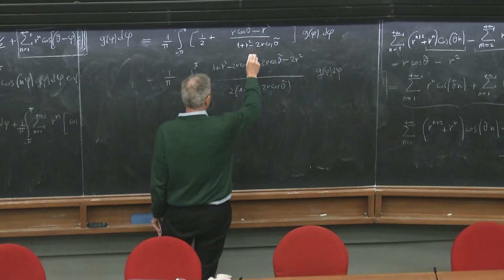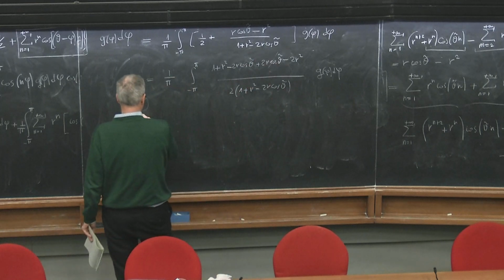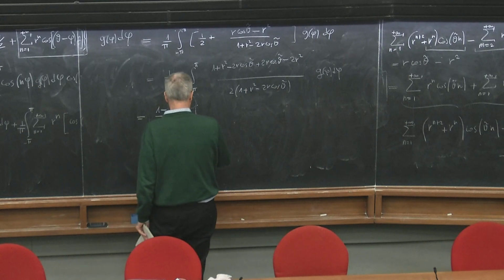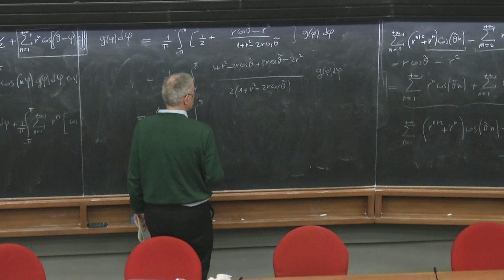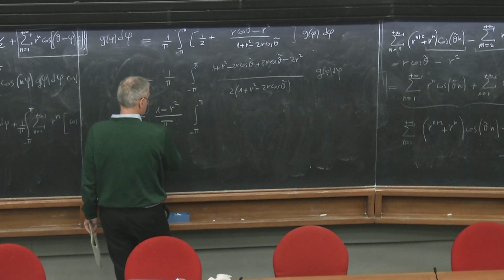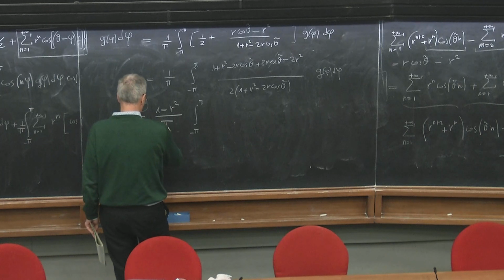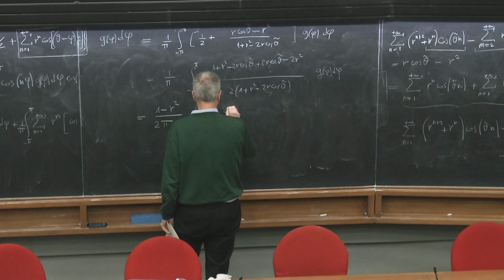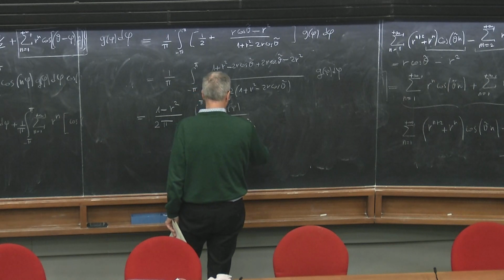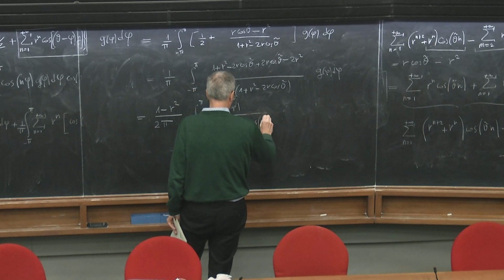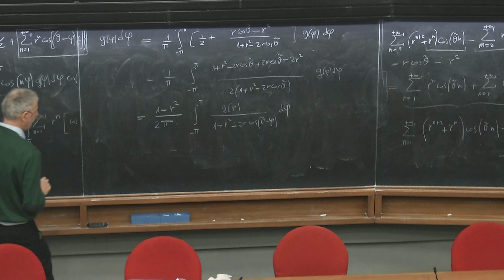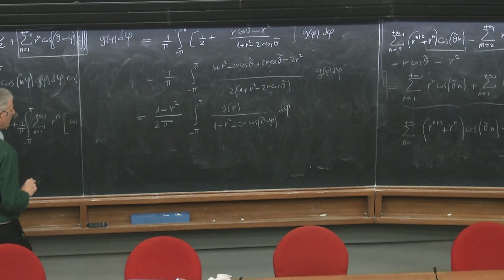Now, what remains here is 1 minus r squared divided by pi, integral from minus pi to pi. There is also the 2 outside. G of phi divided by 1 plus r squared minus 2r cosine of theta minus phi.